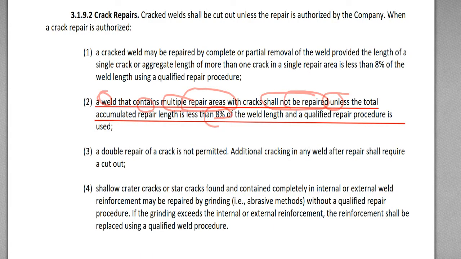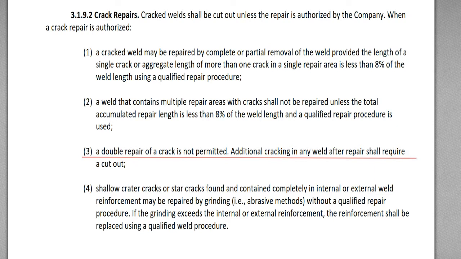And here the specification says number 2 is less than 8% of the weld length and a qualified repair procedure. So here the total is 30 millimeter, so 200 millimeter times 0.08, 8% is 16 millimeter. So this 30 millimeter is not acceptable. This is reject.